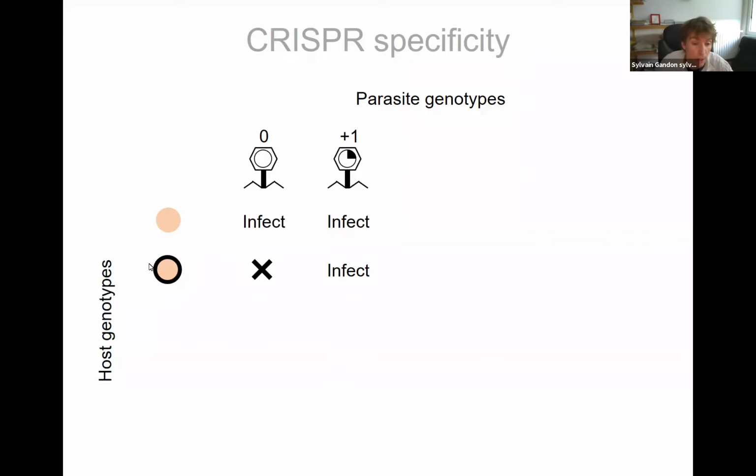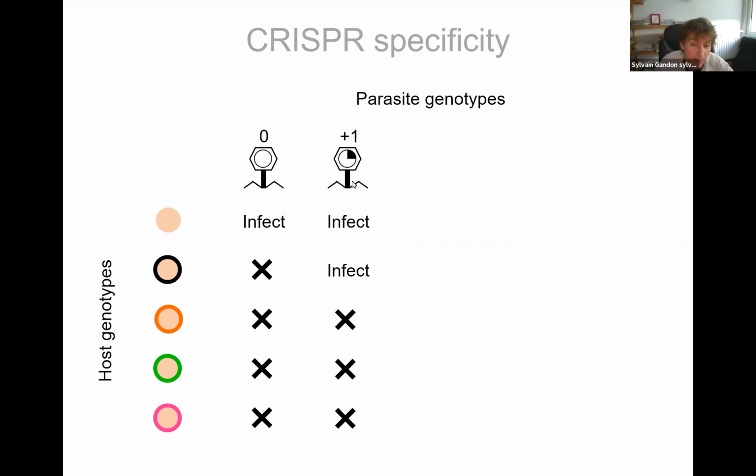So if there is only one resistant bacteria like that, the phage needs to acquire one escape mutation to infect both the susceptible and the resistant bacteria. But as I said, there are many different types of resistant bacteria that can emerge after exposure to this phage. And in fact, acquiring this black mutation doesn't allow the phage to escape the other immunity.